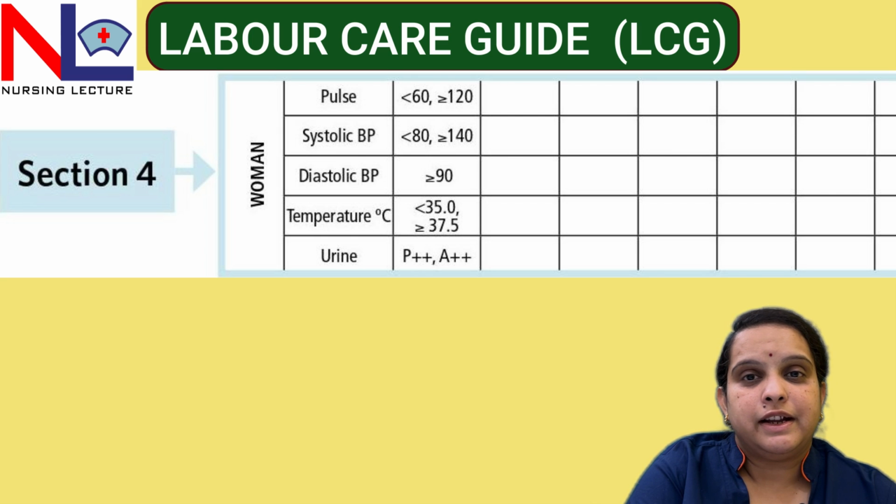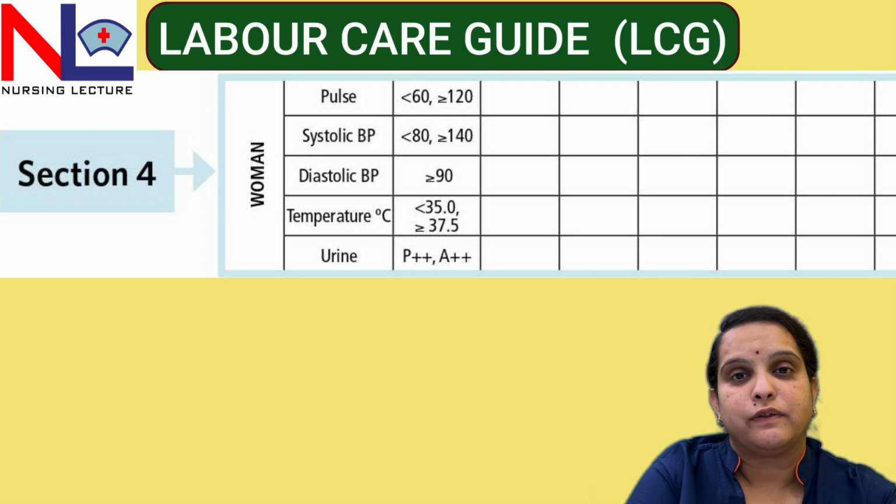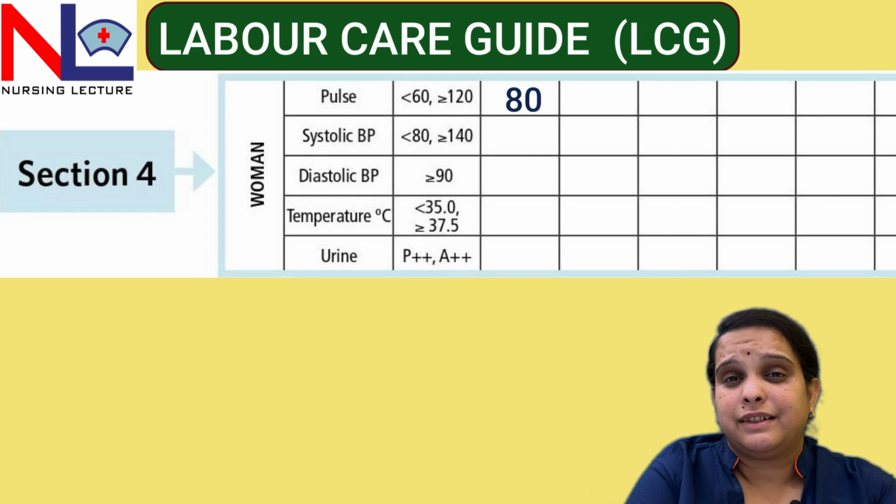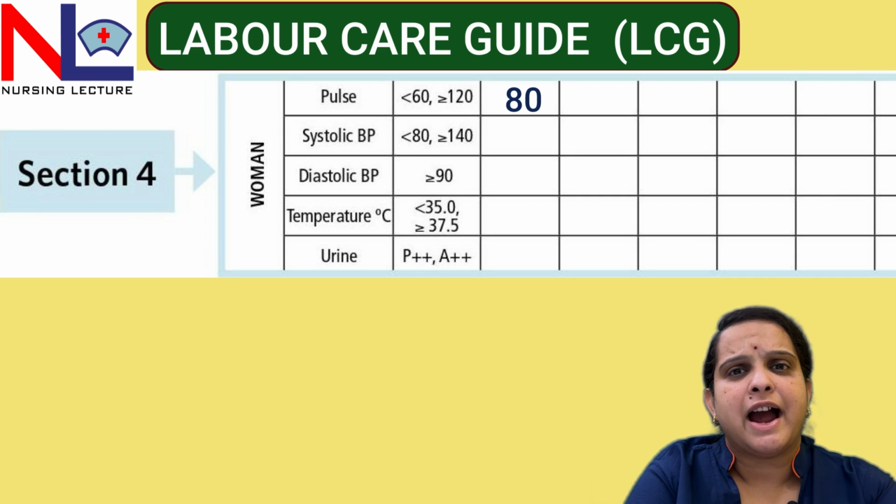First, here it is written the pulse, and in the alert it was written less than 60 is dangerous and more than or equal to 120 is dangerous. For at least 1 minute we have to palpate the pulse rate, and if the pulse rate is high, this can indicate that the mother is having more pain, or she is dehydrated, or she has fever. Or if it is dropping down, then maybe there is a hemorrhagic shock.